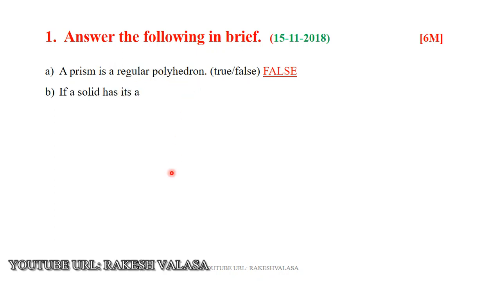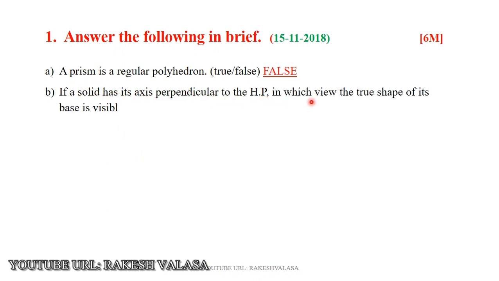Question number B. If a solid has its axis perpendicular to the HP, in which view is the true shape of its base visible? Only top view. Whatever the solid may be, if its axis is perpendicular to HP, the true shape appears only in top view.